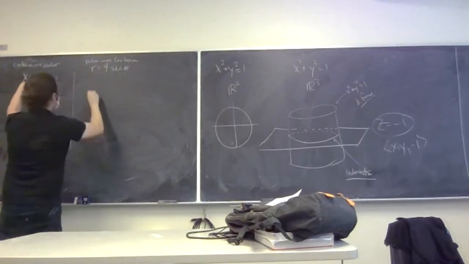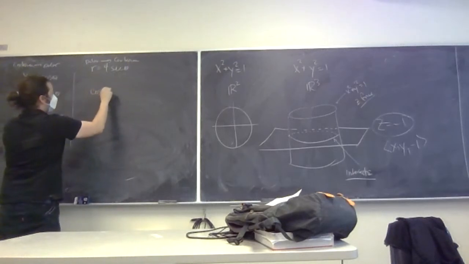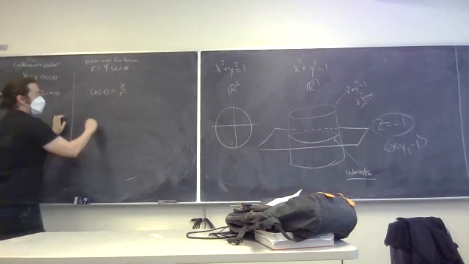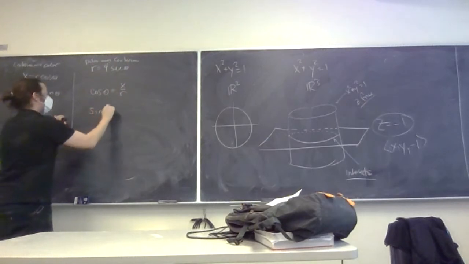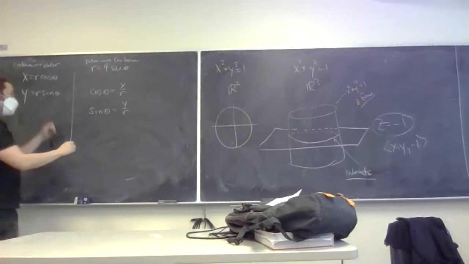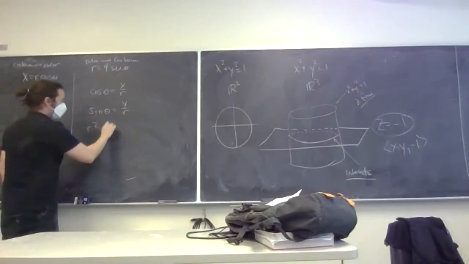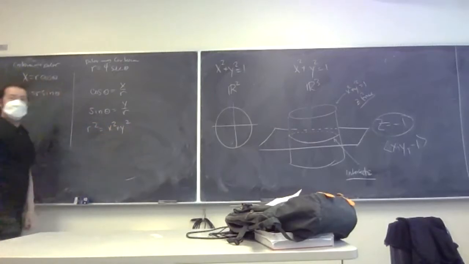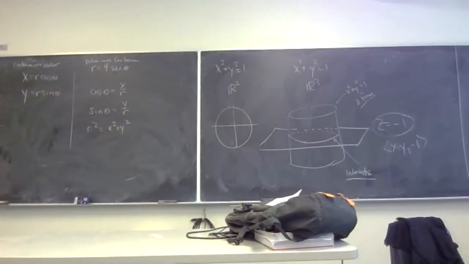Since x is equal to r cosine theta, everywhere I see a cosine theta, I can put in x over r. Everywhere I see a sine theta, I could put a y over r. And if I happen to see an r squared, I could replace it with x squared plus y squared. And what you do is you put all that stuff in and then hope everything cancels and there's no r's left over.